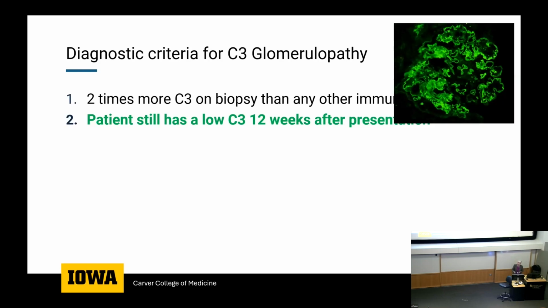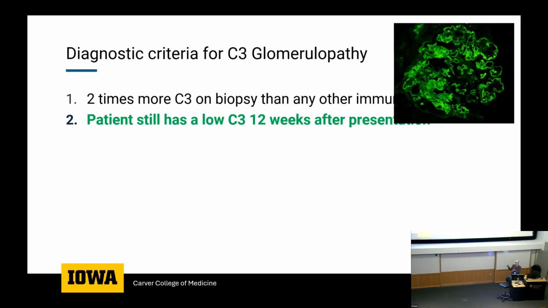So what about that patient who had the infection? If it's C3 dominant on the biopsy or even C3 isolated on the biopsy, the only way we can move them from post-infectious glomerulonephritis to C3 glomerulopathy is if at 12 weeks they still have a low C3. And that criterion is actually in the guidelines, in the consensus statement.